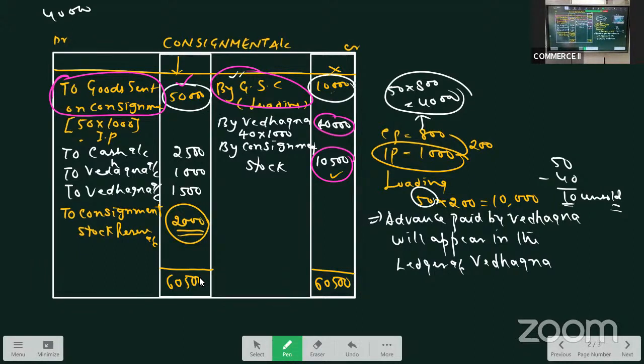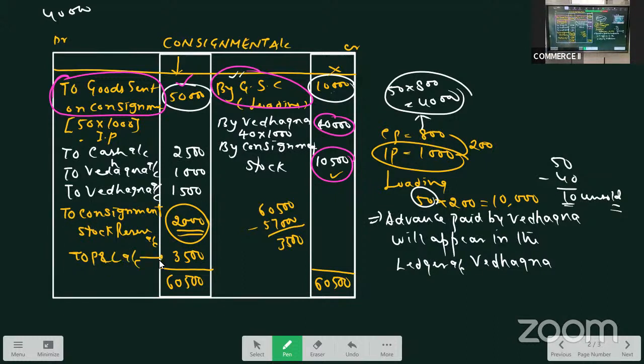And then debit side total is 52, 53, 54, 55,000. Okay, 57,000. So we have consignment profit of 3,500, because we'll transfer it to profit and loss.